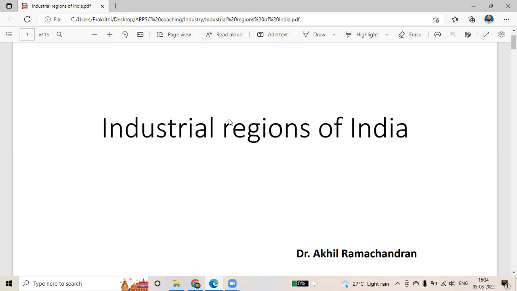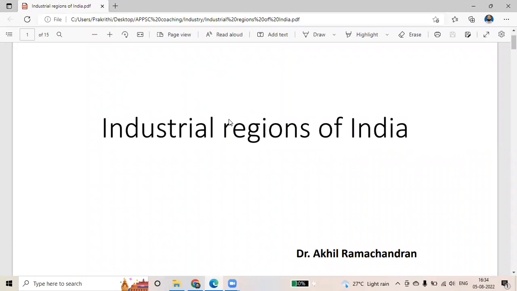If you look, these industries are concentrated in some parts of India. This concentration of industries is based on many factors, like we have discussed, the factors which influence industrial locations. So when one industry comes, multiple industries come in the same region.